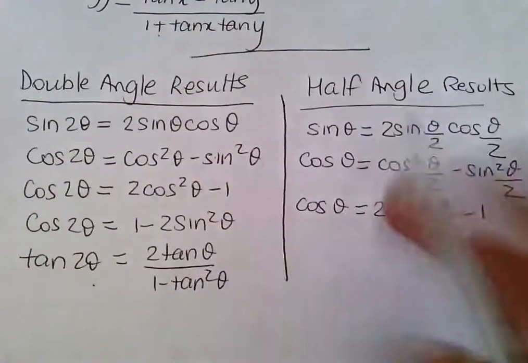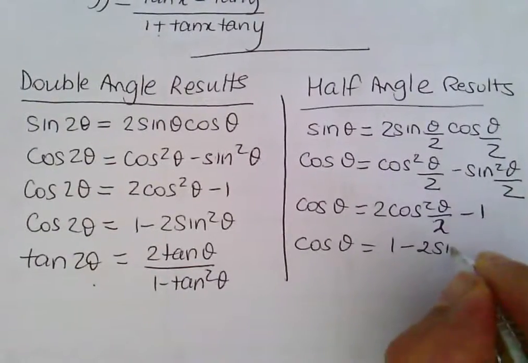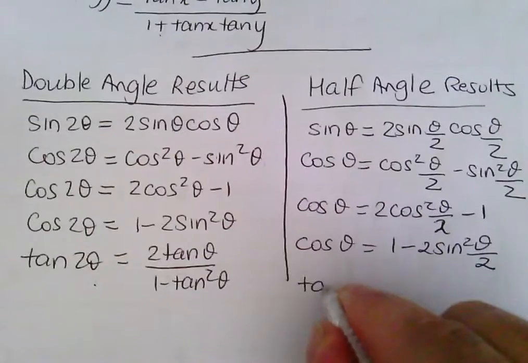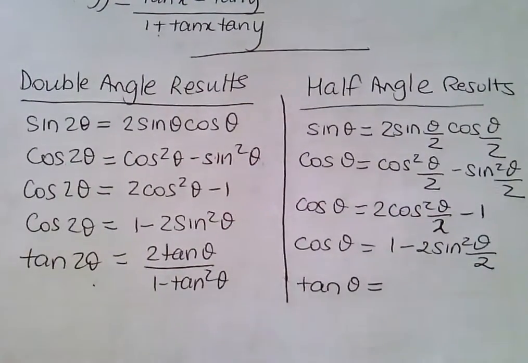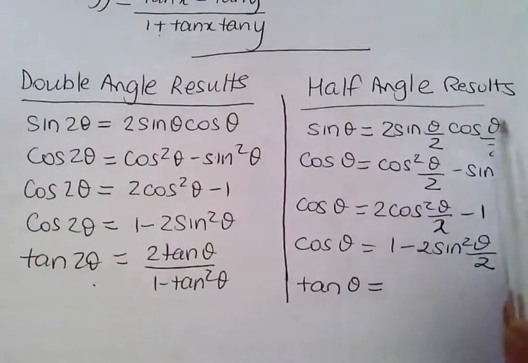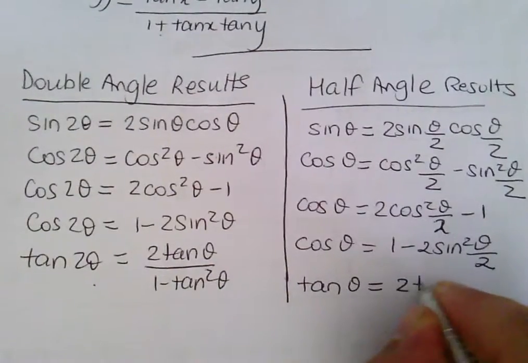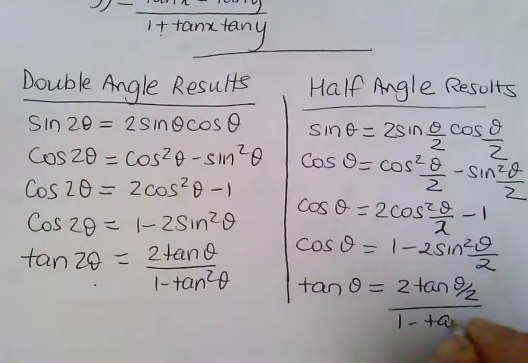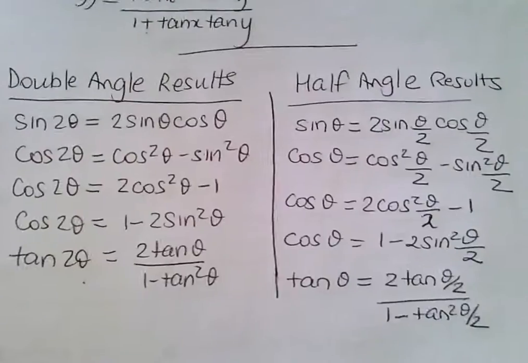The other cos theta result is 1 minus 2 sine squared theta over 2. And the half angle result for tan, and the reason they're called half angle results is because all the angles on the right are halved. They're half angles, they're theta on 2's. Tan theta is 2 tan theta over 2 over 1 minus tan squared theta on 2. So these are our half angle results.